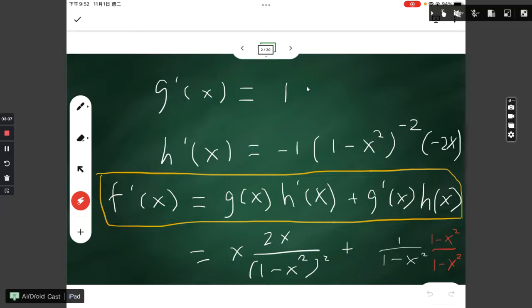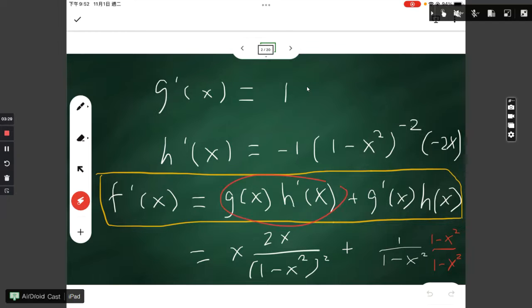If you still remember, g of x is x, and h prime of x is this whole thing here, which is 2x over (1 minus x squared) squared. This times this gives you 2x over 1 minus x squared, the whole thing squared. So we're done with this part.